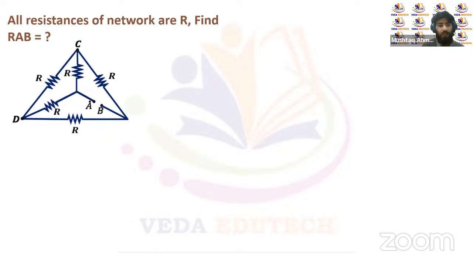So it means that if we just pick this end of the circuit, this point A, and place it here, then the circuit will be rearranged equivalently in this fashion, right? It will be like this.